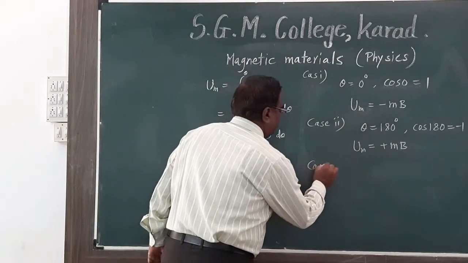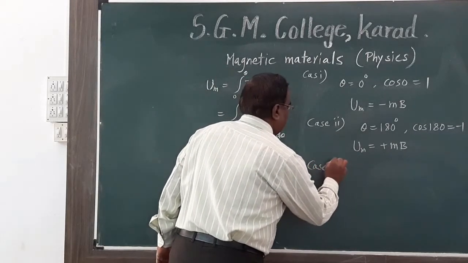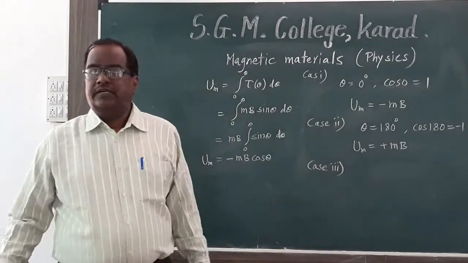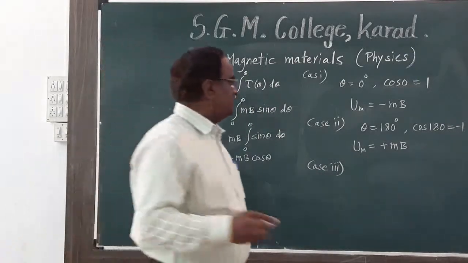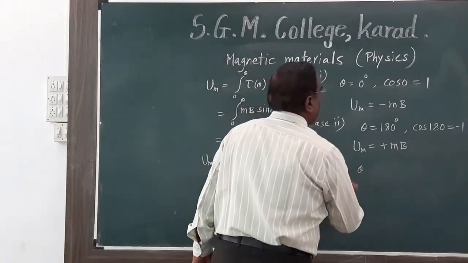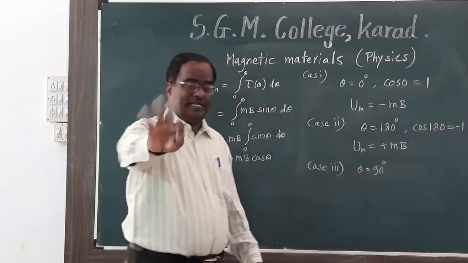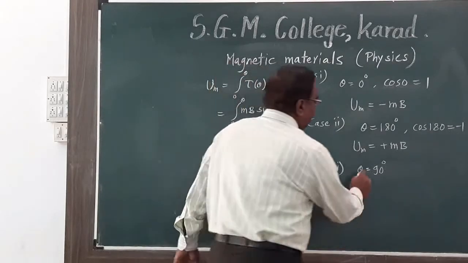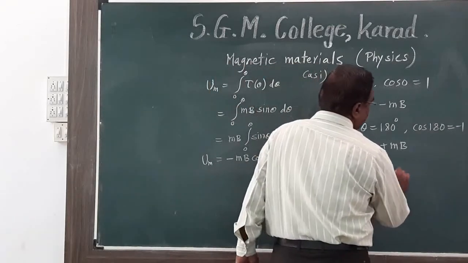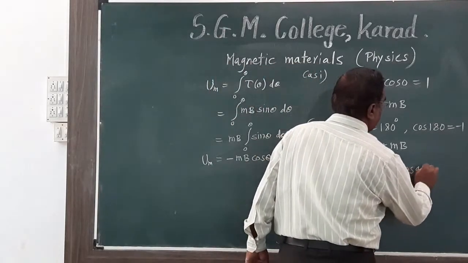Case 3: sorry, theta is equal to 90 degree. When theta is equal to 90 degree, cos 90 is equal to 0.